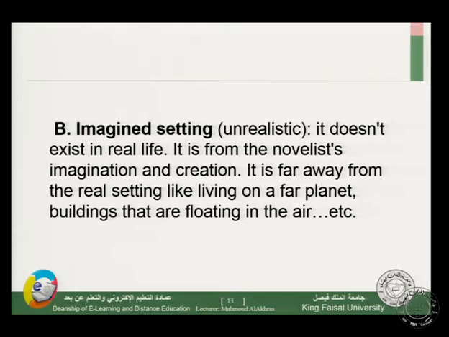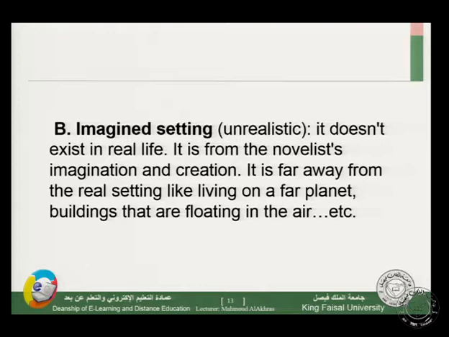We don't have any realistic description for outer space. So if some novelists create their setting from outer space, it is imagined setting. For example, the setting of Mars, this planet, we don't know anything about it, so it is imagined.